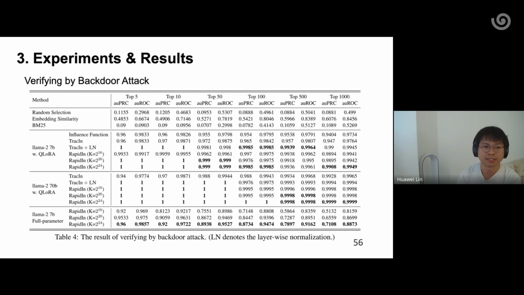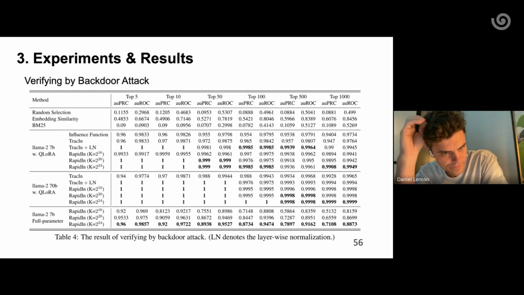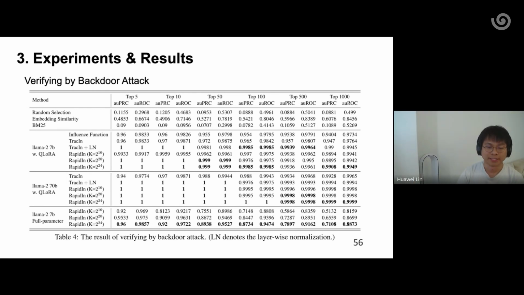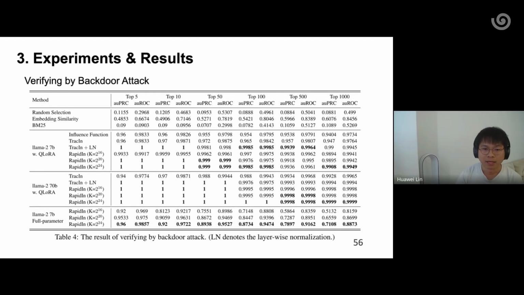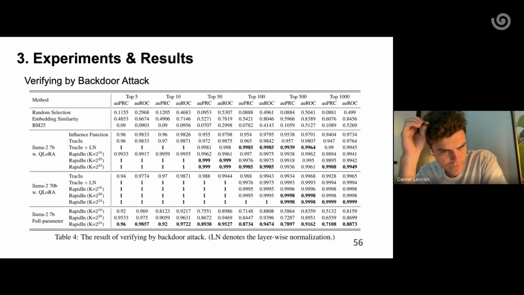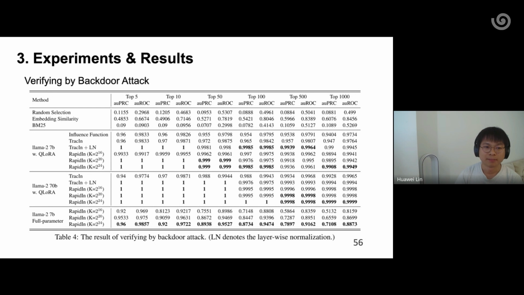If we only use the influence function or tracing without the layer normalization, it's very fragile in a large language model. So here we use the tracing and add our layer-wise normalization, and then we get very similar performance in this evaluation. We can see tracing plus LN is almost identical with our methods.